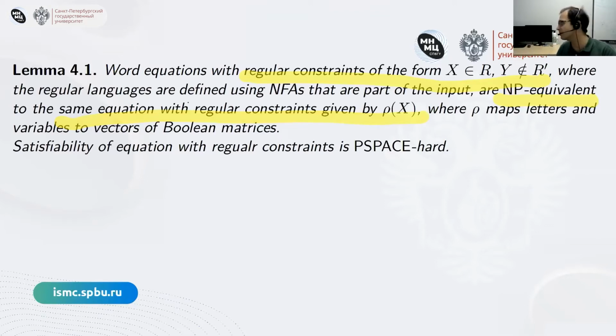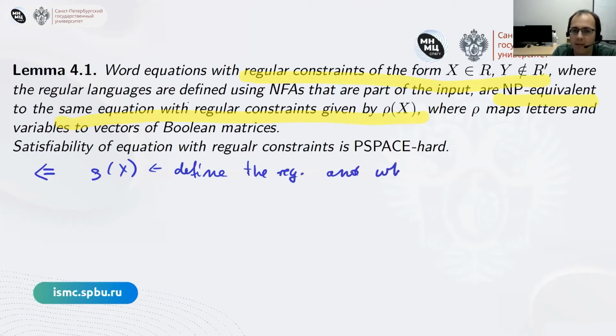NP equivalent means that there is a reduction, which is an NP algorithm, from one to another. In one direction, when we have the transition matrices, those already define the regular languages and whether x is in some regular language or not, because the transition matrix already tells you whether the word which has this transition matrix is accepted or not. And in the other direction, we should guess the matrices.